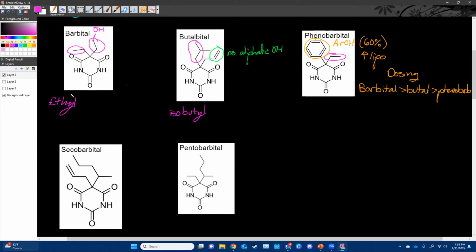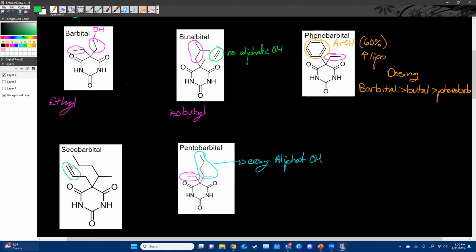we're using the ethyl group that is hard to metabolize, but then we're adding in this really long chain. Same thing with secobarbital.